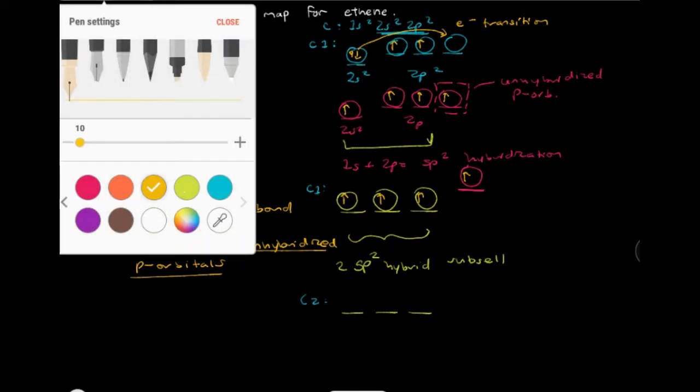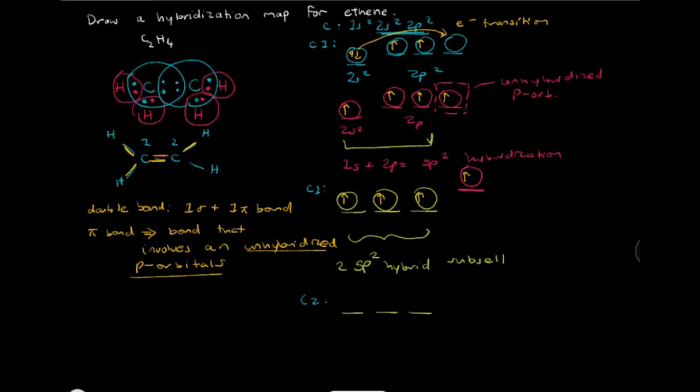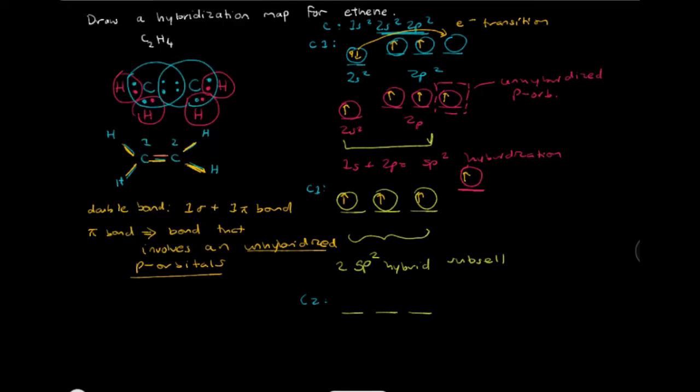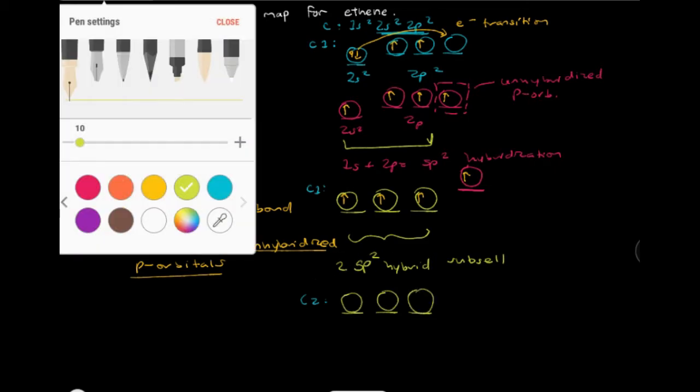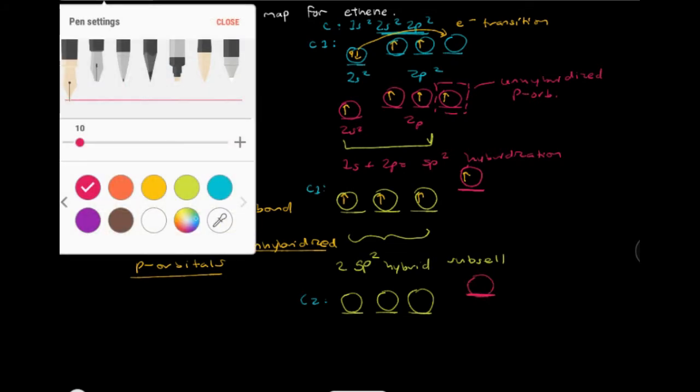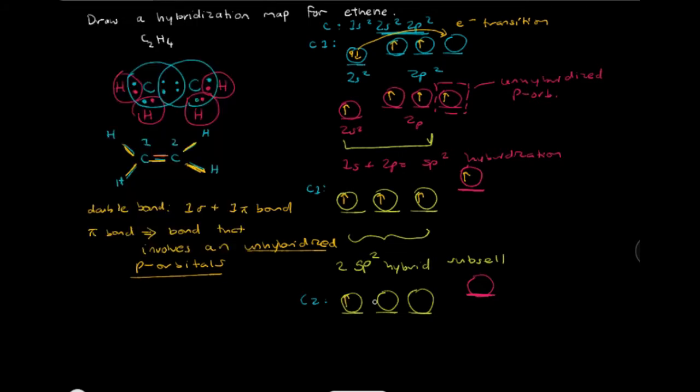It would be the same architecture, so you would have the 2 sp2 hybrid subshells, as shown, and also 1 unhybridized p orbital, as shown, right? So you'd have half-full orbitals, and also another half-full orbital.